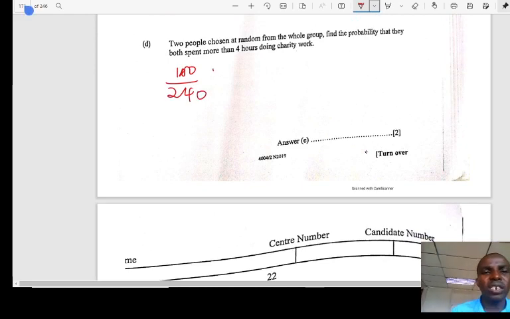Then the second one, they are still from the same class. So you subtract 1 there, it will be 99. It's without replacement. Then you subtract 1 there, it will be 239.